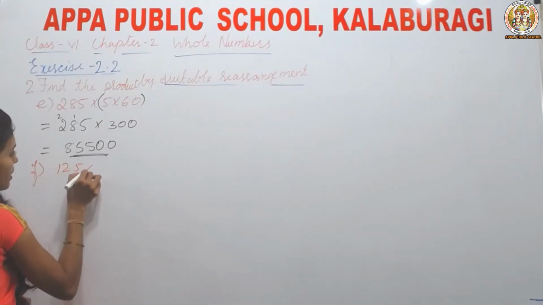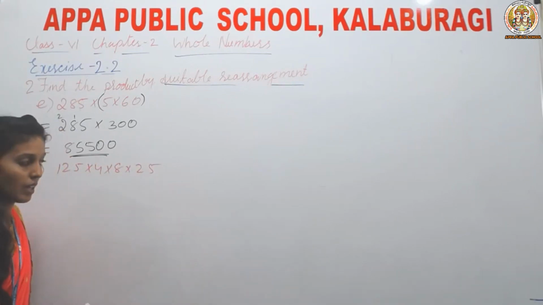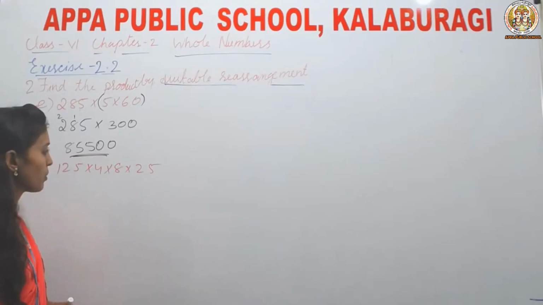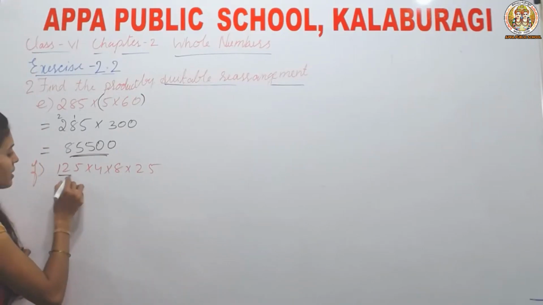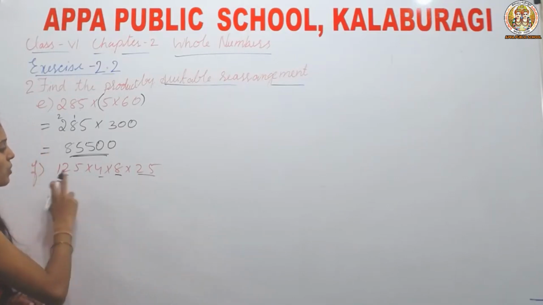Is 125 into 4 into 8 into 25. In the previous problem, we know that 125 into 8 is 1000, 25 into 4 is 100. So let us group these two.